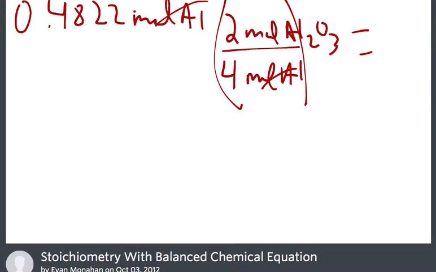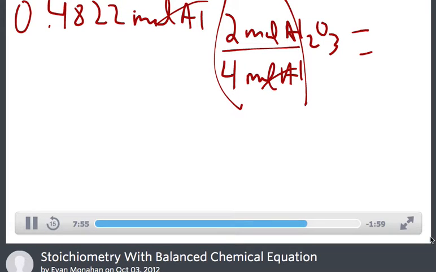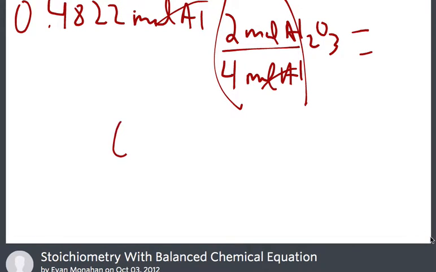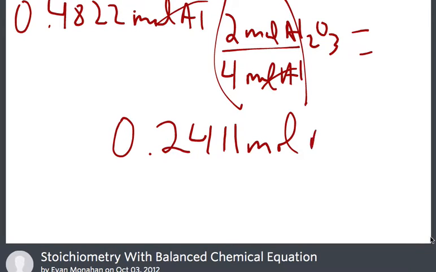So 0.4822 divided by 4, multiplied by 2, I get 0.2411 moles of Al2O3. That's how many moles I have.